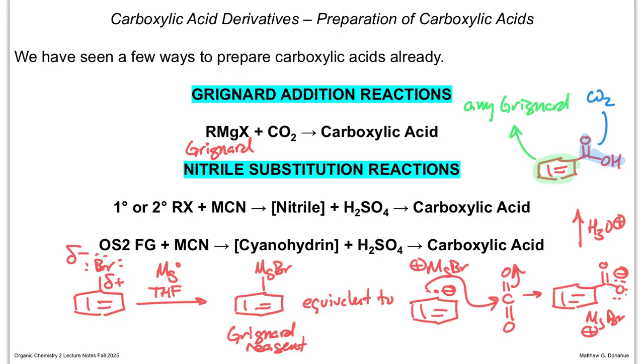And so that really is a nice strategy that we can make any carboxylic acid from CO2 plus an appropriate Grignard reagent. And then once we've made that, we can take the acid into any other acyl group: acid chloride, amide, ester, anhydride, whatever we want to make.